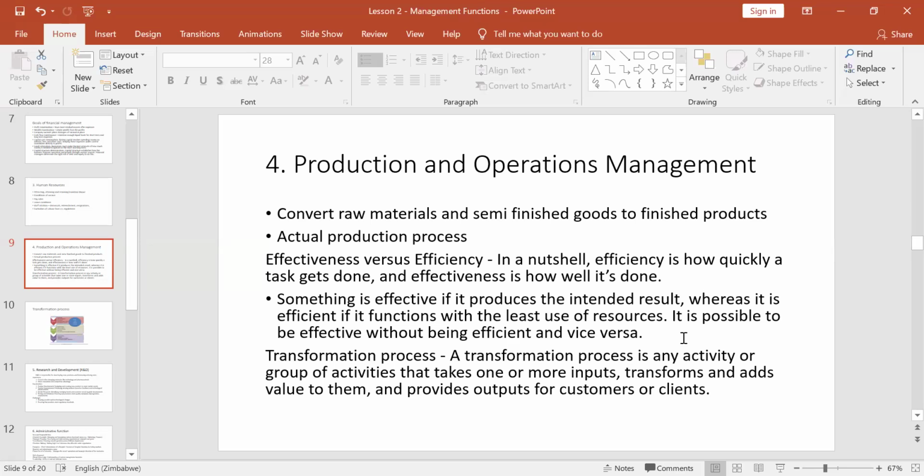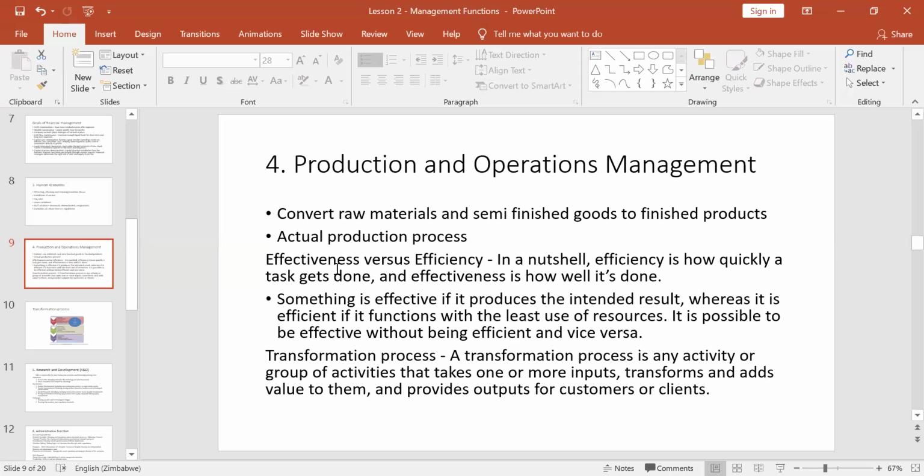We want to see a loaf of bread sitting there. In the morning, you had a bag of flour, a bag of sugar, some milk, an oven, electricity. When you go through the transformation process and come up with outputs for consumers, then you have done the transformation process effectively.